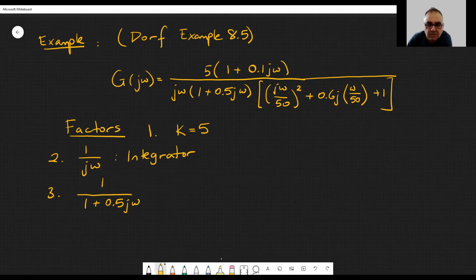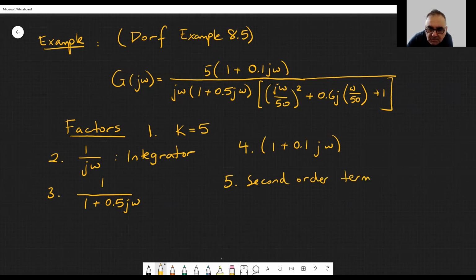This is the third one. The fourth one is a zero: 1 plus 0.1 j omega. And the fifth one is the quadratic term, let's say a second order term with omega n equals 50.